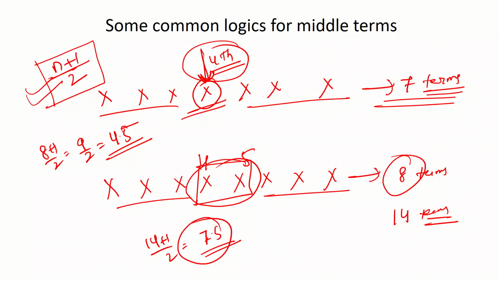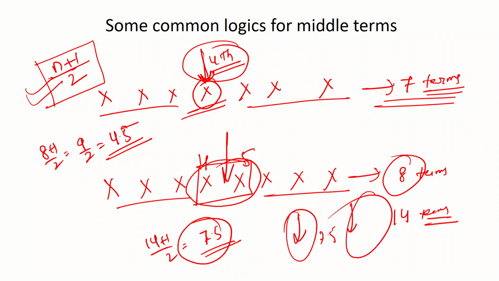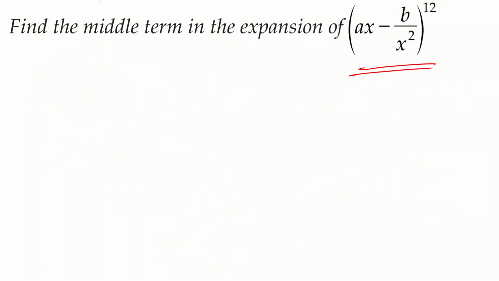Minus 0.5 and plus 0.5 will give you the 2 terms. Just like this over here is 4.5, similarly we'll be having 7.5 in the middle, 7th term over here and 8th term over here. So these 2 will be my middle terms, the 7th and 8th terms. So in here I am given some expansion with power of 12. If the power is 12, that means there are 13 terms.